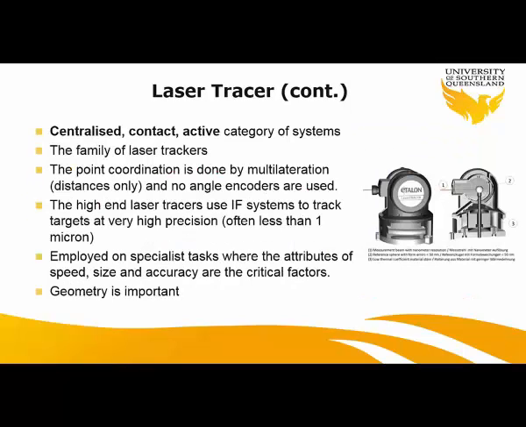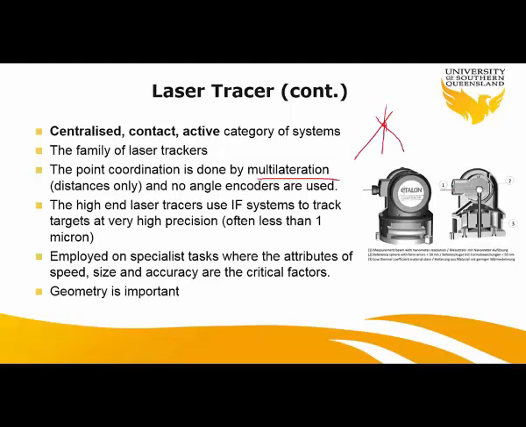The third system is laser tracer. It is in the family of laser tracker. It is a centralized contact system, so you need to have a target, and it's an active system. You can get the point coordinates using multilateration, so you are measuring the distances and then you can basically intersect them together to get the points.